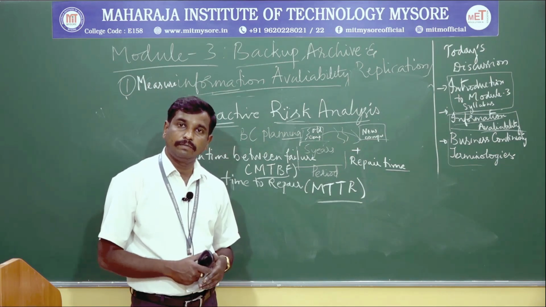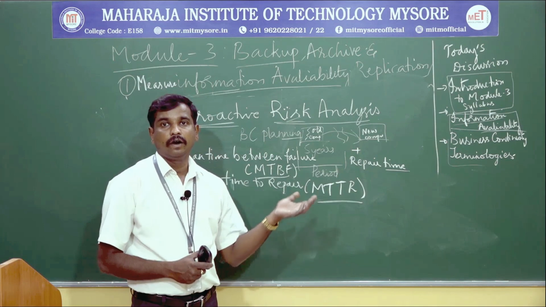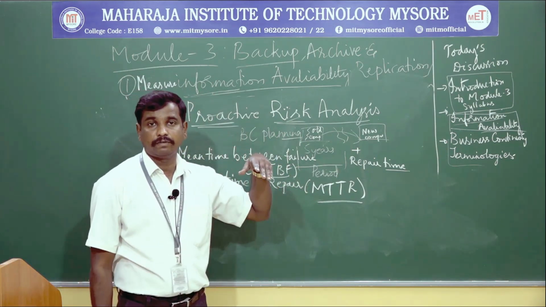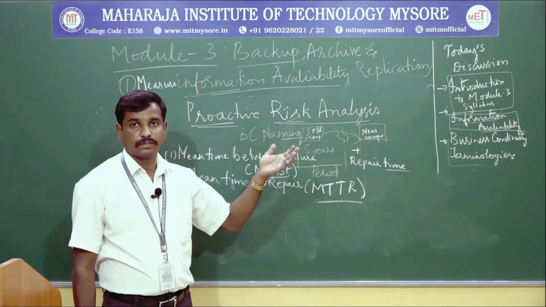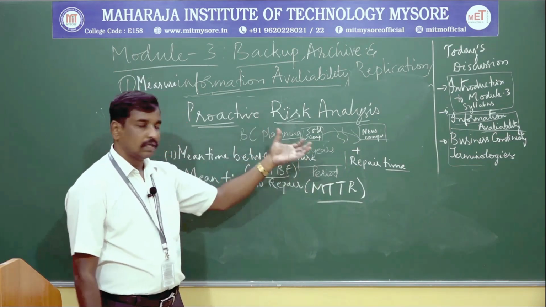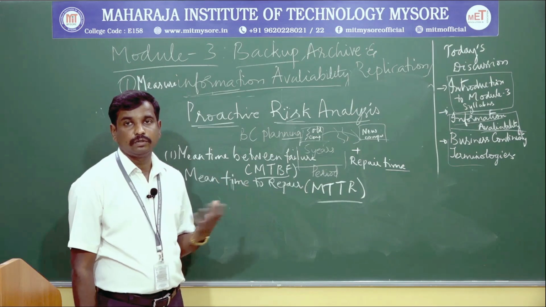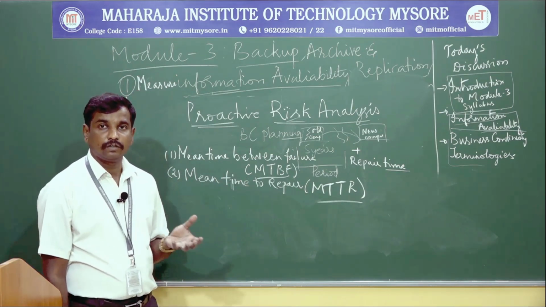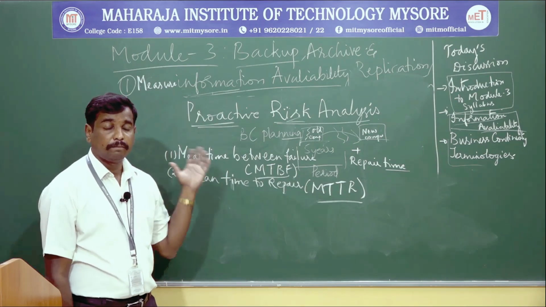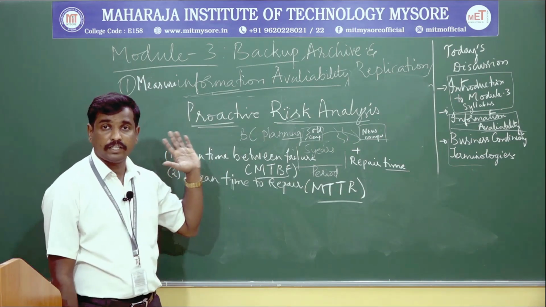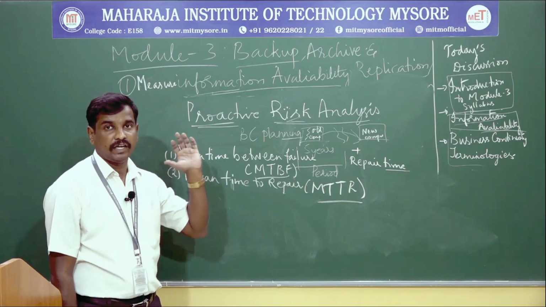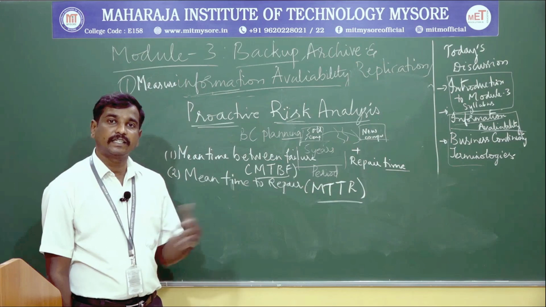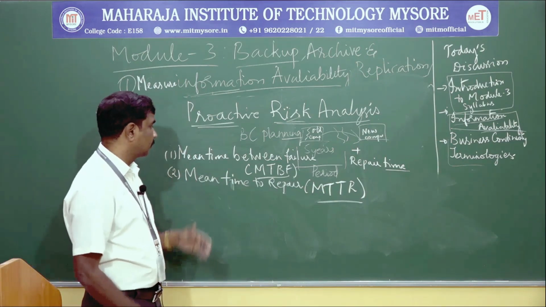Business continuity is achieved using a parameter called information availability. The main purpose of this module is to make our business 24/7 by making information available through operations such as backups, replications, and archive operations, and it can be done by different means.